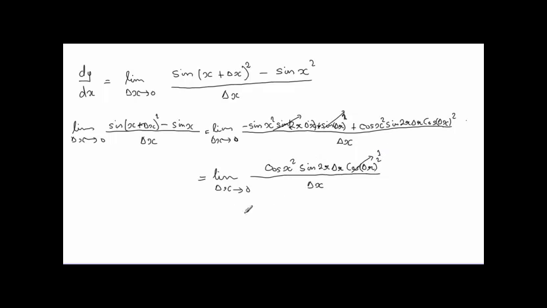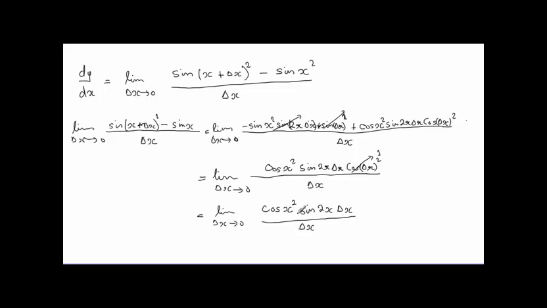And essentially here what we're left with is the limit as delta x goes to 0 of cos x squared sine 2x delta x all over delta x.